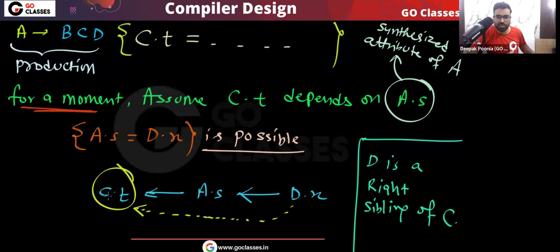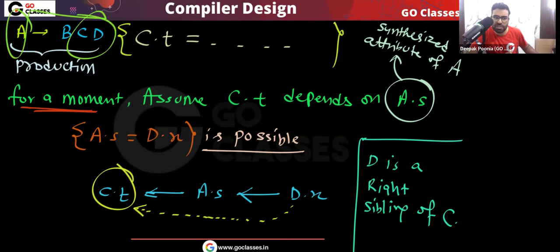Okay. So did you understand this point? I am saying that if this C.T, an inherited attribute of C, depends on a synthesized attribute of A, then this synthesized attribute of A can depend on its children. Yes or no?